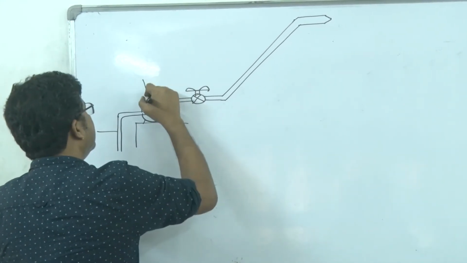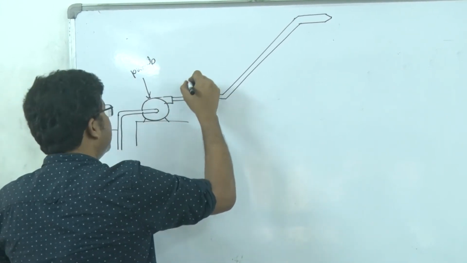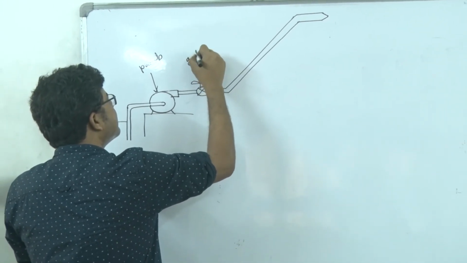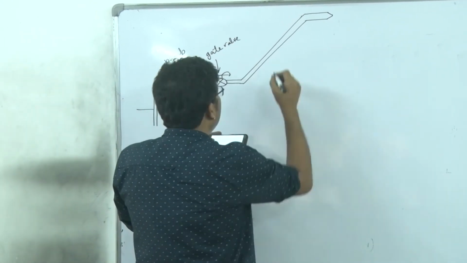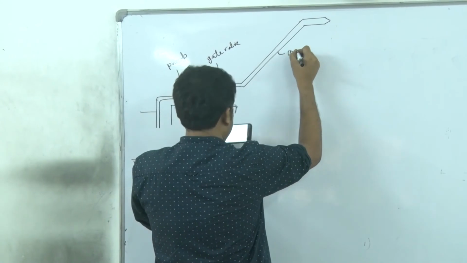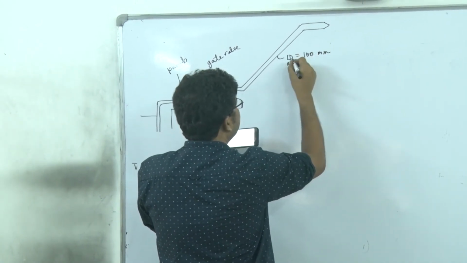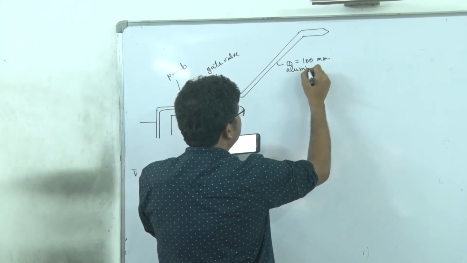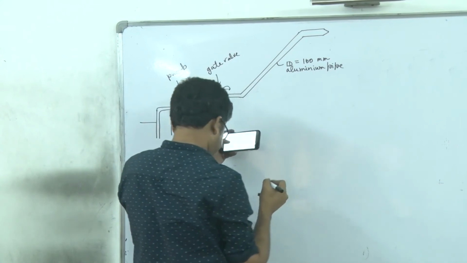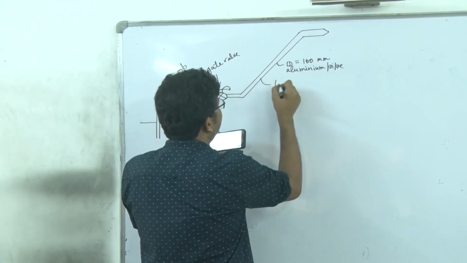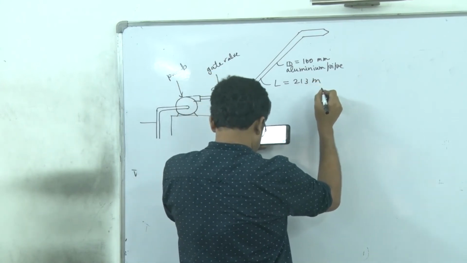Okay, so this is the pump, this is a gate valve. Pipe ID is 100 millimeter and it is an aluminium pipe. Total length of this pipe is 213 meter.